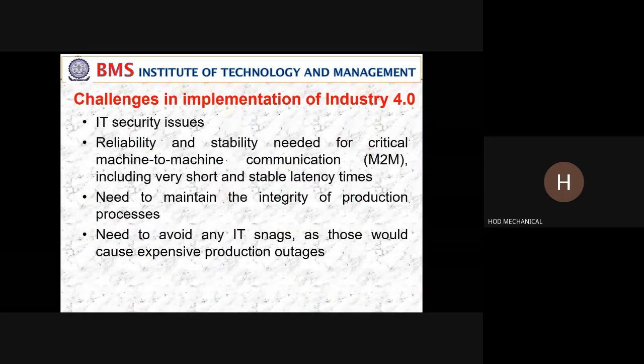Then what are the challenges in implementation of Industry 4.0? First thing is IT security issues, that is, cyber security issues are going to be there, and reliability and stability needed for critical machine-to-machine communication.